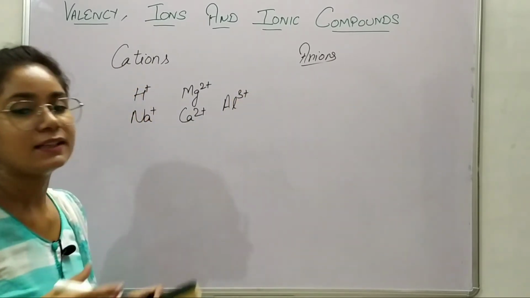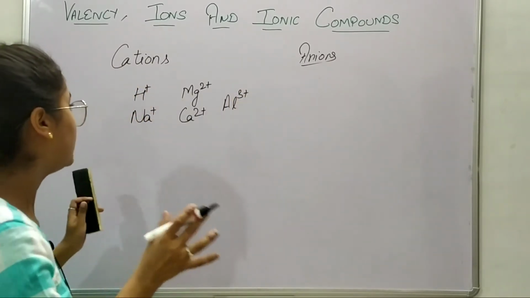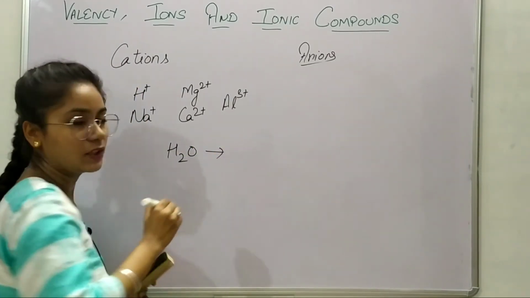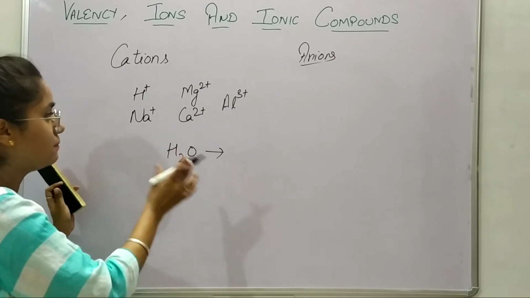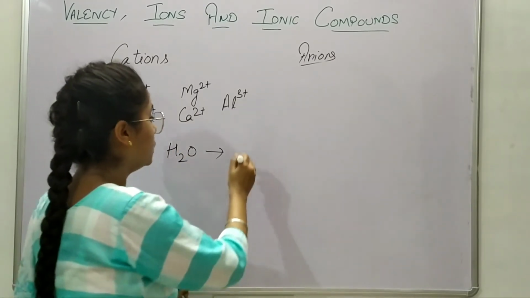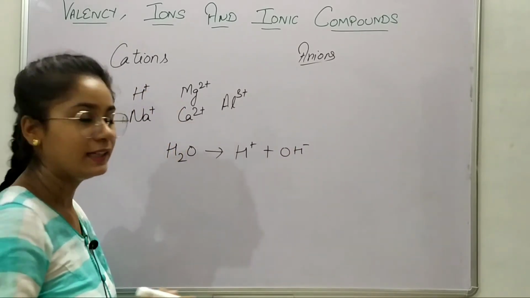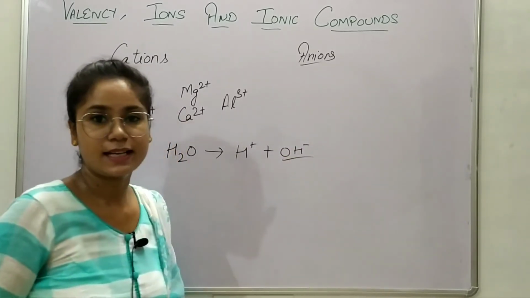Similarly, in case of anions, well, I want to tell you one thing. We know about water. When we try to decompose the water, we will get H positive and OH negative. This is known as hydroxide ion.